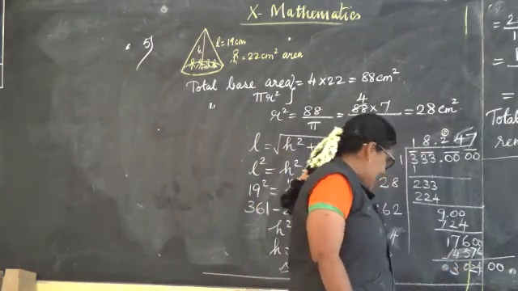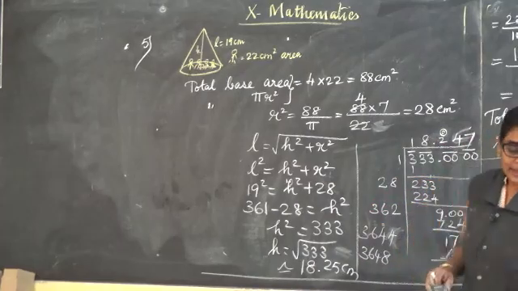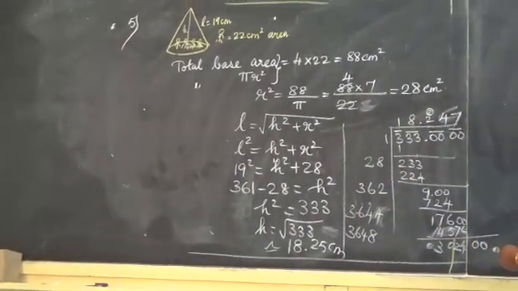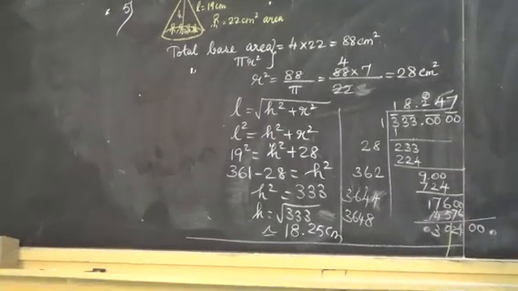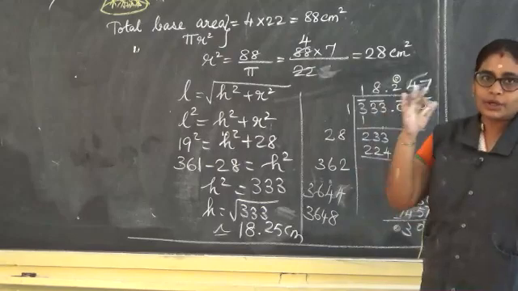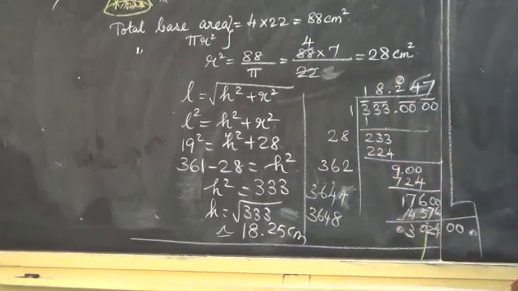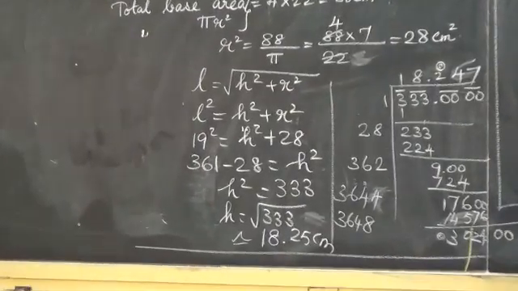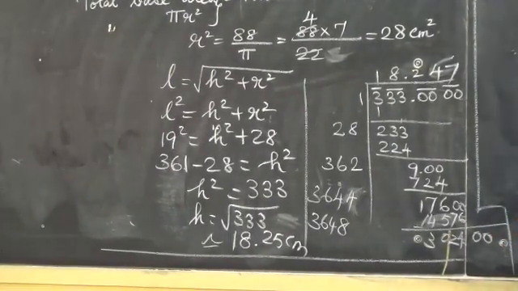Then the next sum, sixth sum. A girl wishes to prepare a birthday cap. You might have seen the birthday cap or the clown, one who is wearing the cap; it will be the shape of a cone. So a birthday cap in the form of a right circular cone for her birthday. This is your sixth sum.